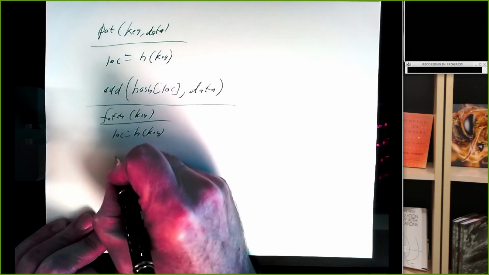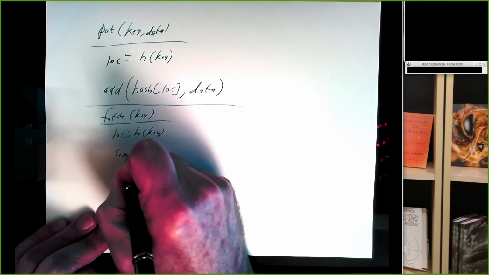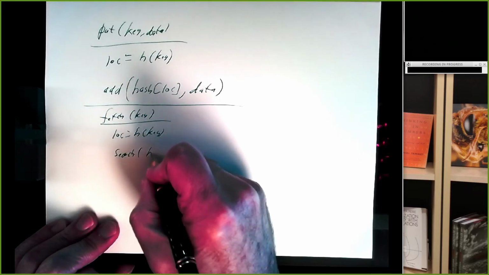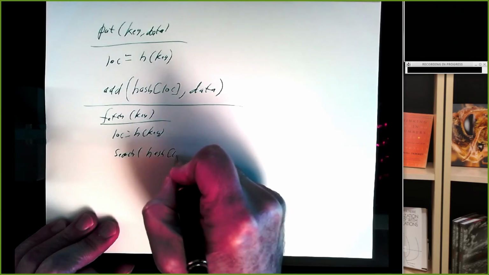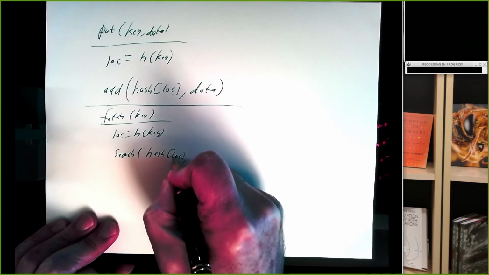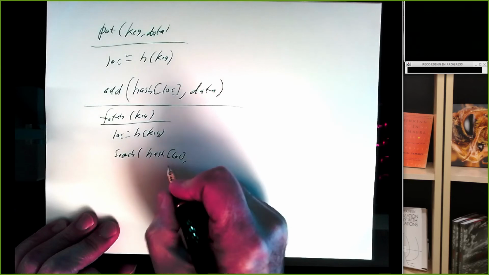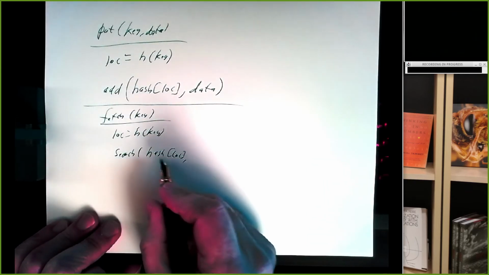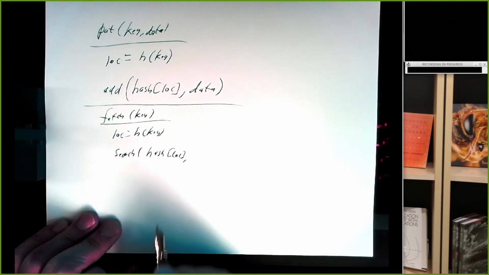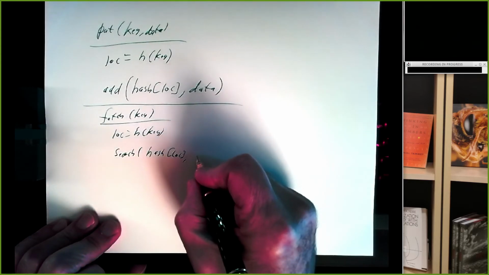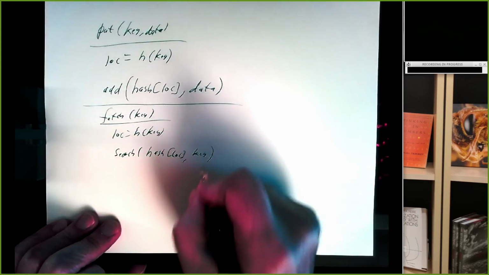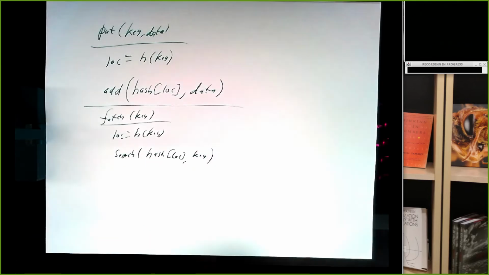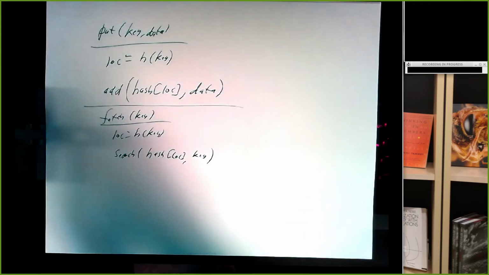We had a search. So let's search for hash bracket location, right? So the index of the sentinel node. Let's look at that sentinel node, and let's look for the key. And if that key was found in our linked list, this would return a 1.